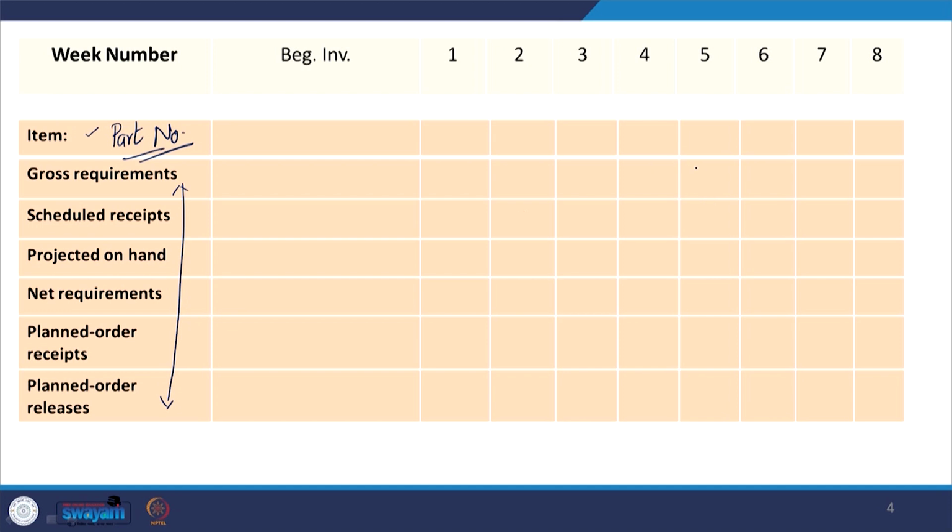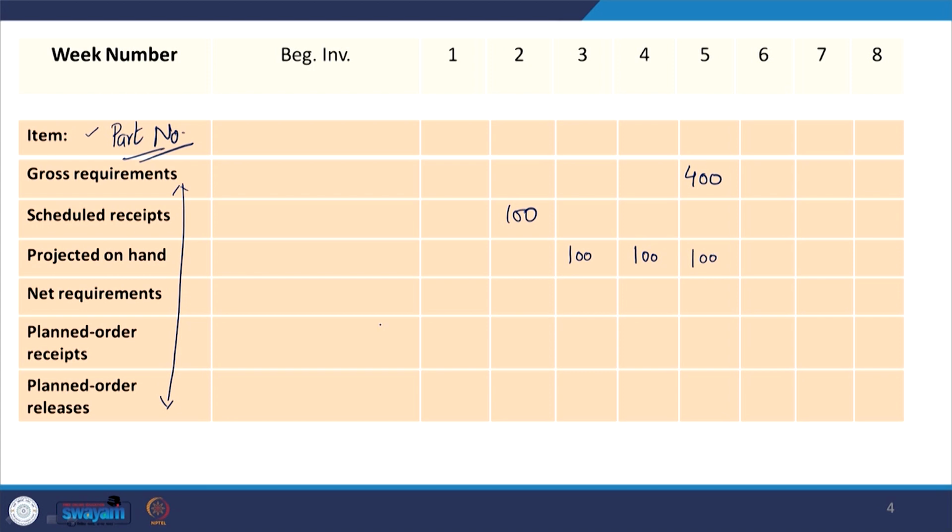For example, your gross requirement is 400 units in the 5th period. There is a scheduled receipt for 100 items in the second week. So, in the second and third week projected on hand will be 100 units, that will continue in the fourth week also. Now, from the fourth week these 100 will again go into the fifth week.